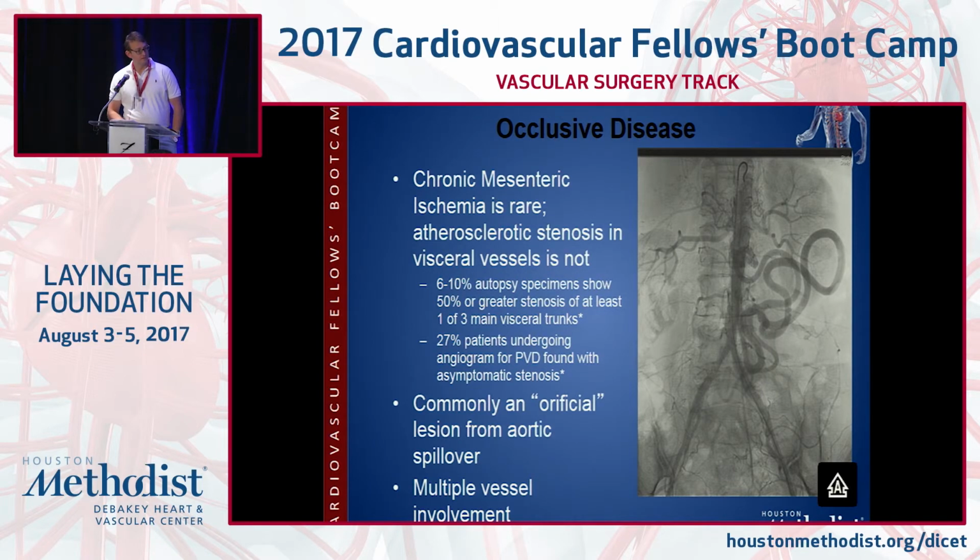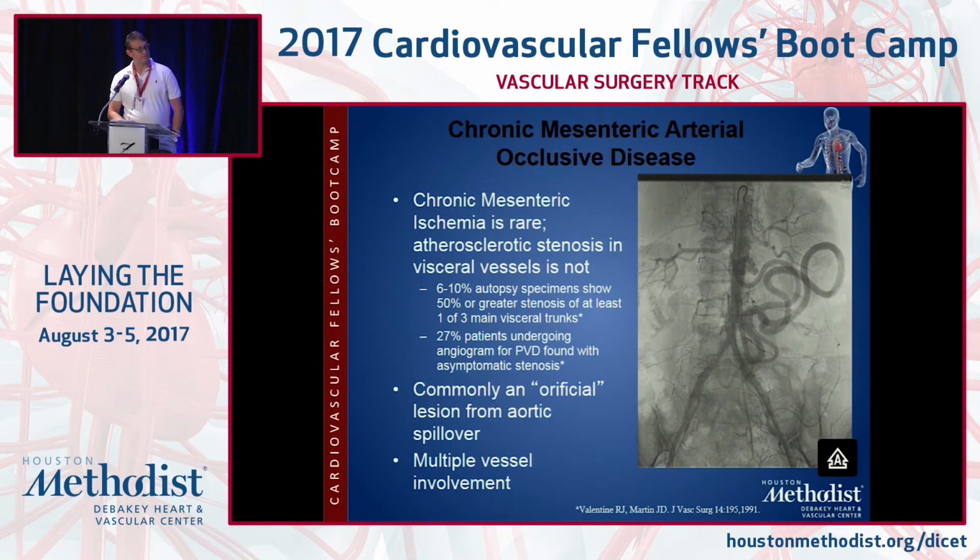If you look at autopsy specimens, a reasonable percentage of patients will be found to have visceral artery occlusive disease. And as you do more and more lower extremity work, you'll find that 27% of these patients have asymptomatic visceral artery disease.